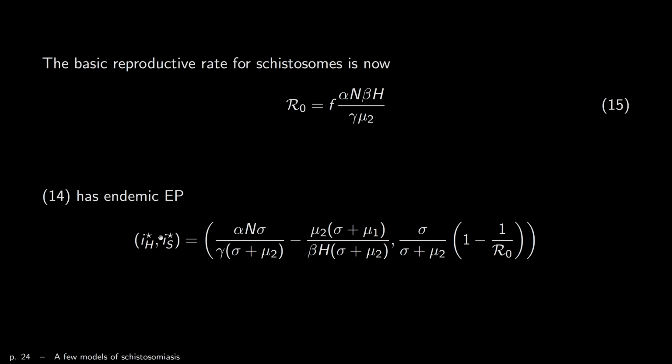I am not writing the LS because it's not really interesting, but the IH and IS that we had before become a bit more complicated, but they can still easily be computed. And like we had before, when R0 is larger than 1, this equilibrium is locally stable.